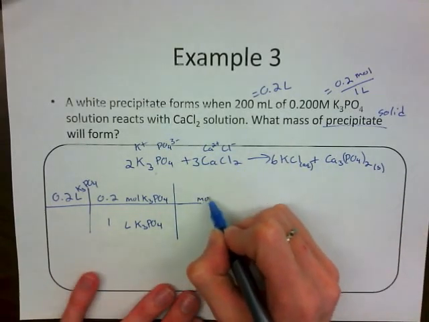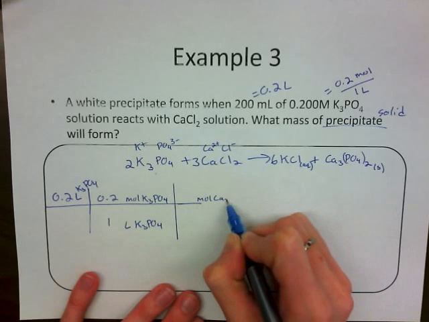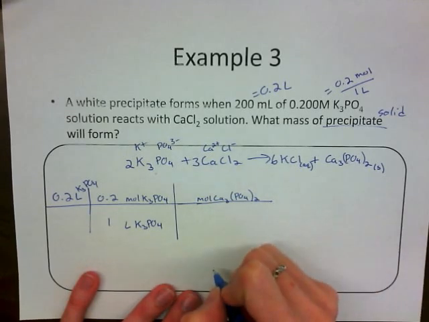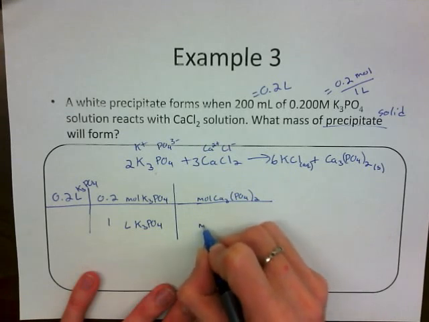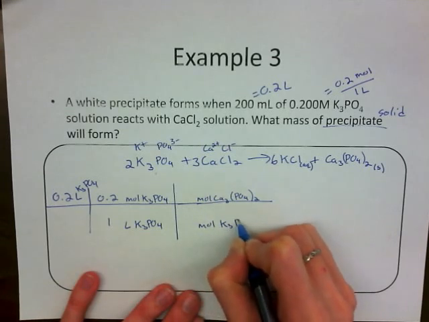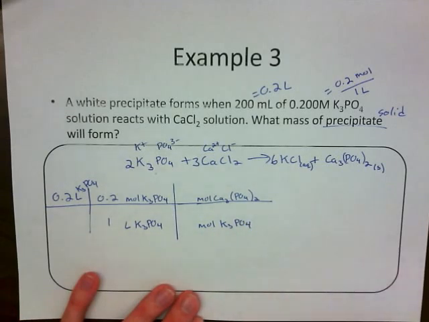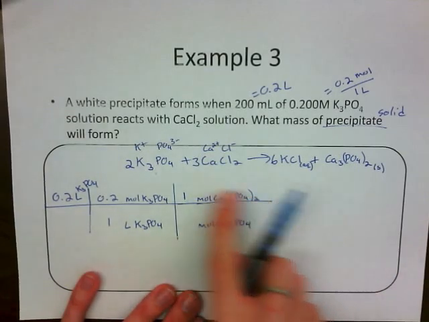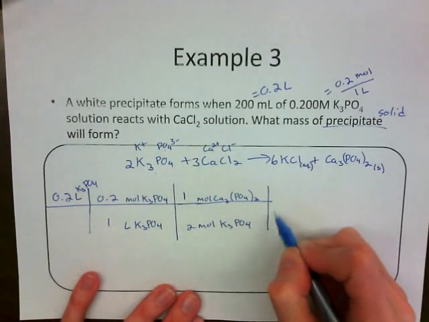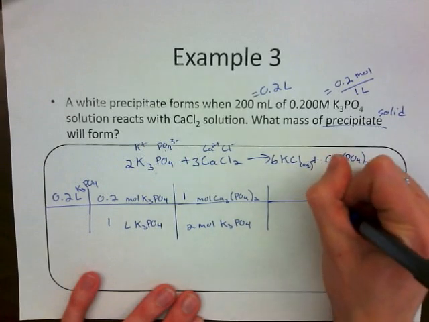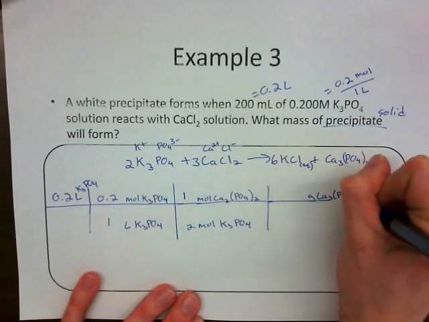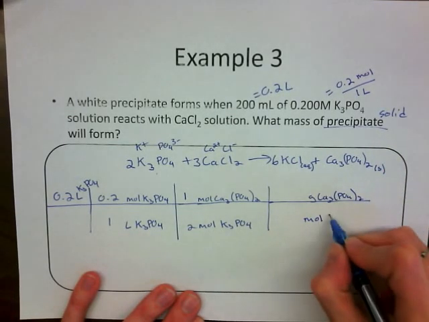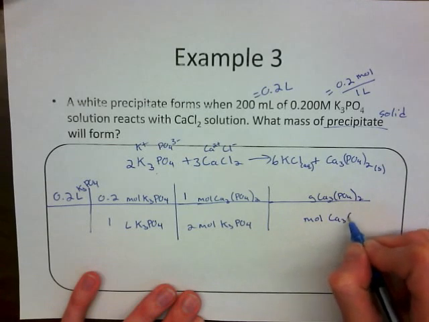So I want moles of calcium phosphate, and I have moles of potassium phosphate. These come from the balanced equation. I have 1 mole of calcium phosphate for every 2 moles of potassium phosphate. In the end, I want mass. Well, I have moles.